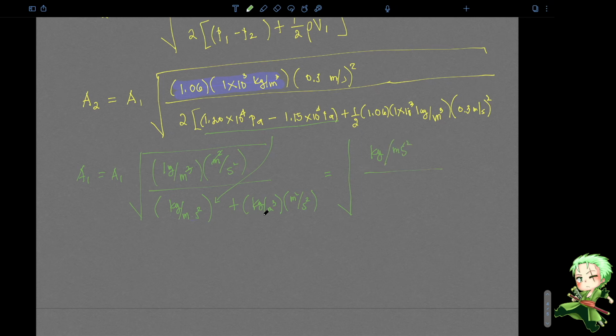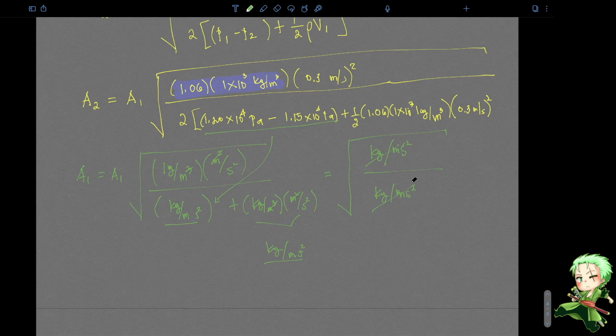On the denominator, the same thing happens, so only one m is retained. This reduces to kilogram per meter second squared, which should be the same as this one. Since you have the same unit, you just copy the unit, and then that will just cancel out.